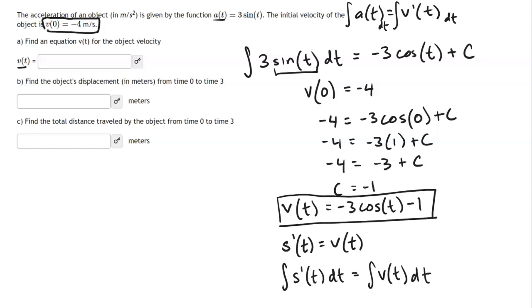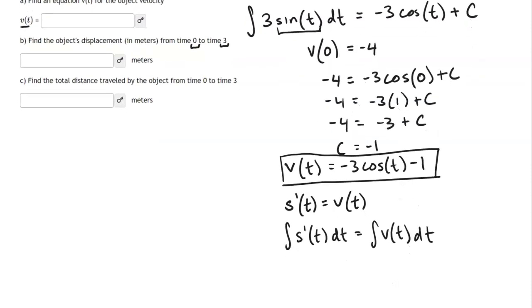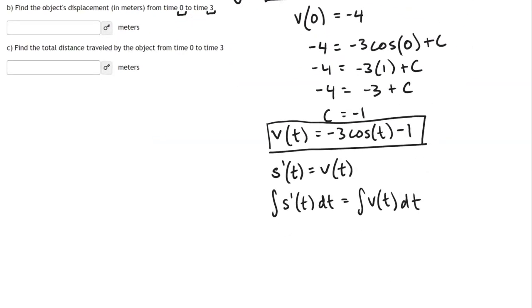So let's go ahead and go through this process. In this case, we do have a definite integral because we have a specific time interval. We're going from time 0 to time 3. So let's find the antiderivative of our velocity function, which we already found, -3 cos(t) - 1 dt, as t goes from 0 to 3.